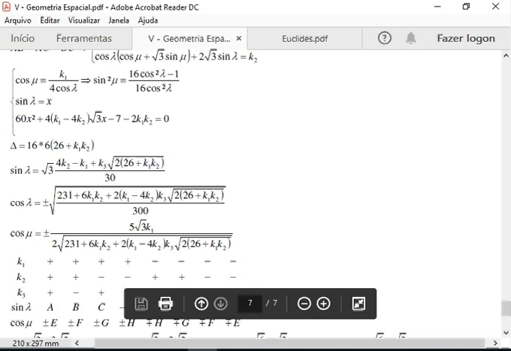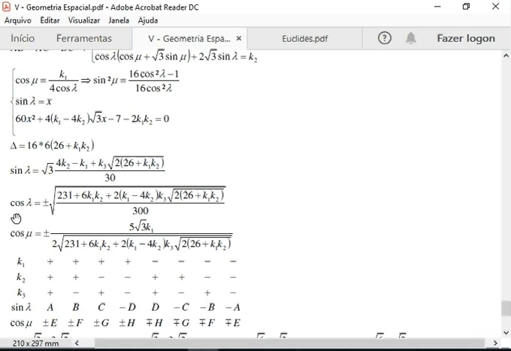Now, simplifying or unsimplifying, who is cosine of lambda? Square root of 1 minus the square of sin of lambda, plus or minus the square root of that thing. And who is the cosine of mu? Where is mu?